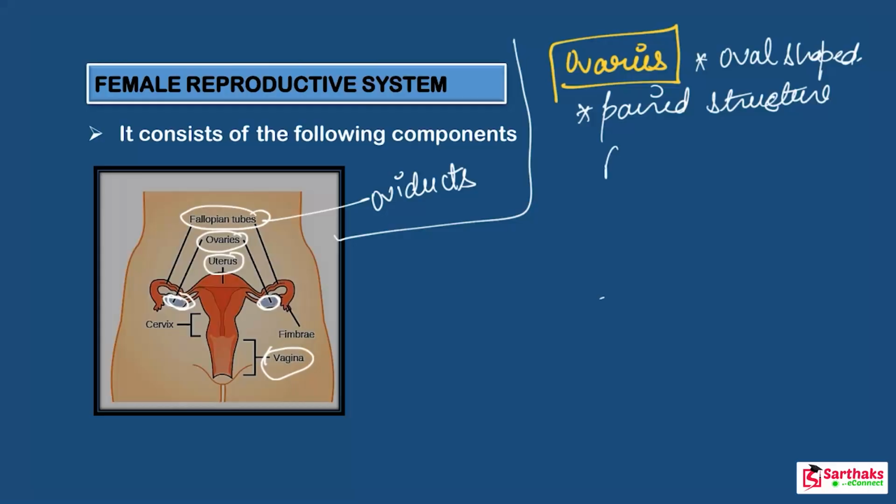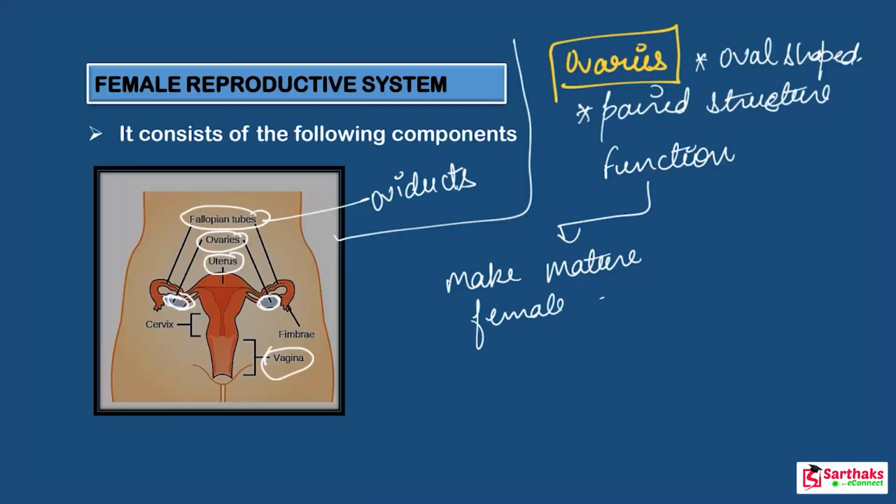The first function of ovaries is to make mature female sex cells, or you can say female gametes, because as I told you, sex cells are also known as gametes.